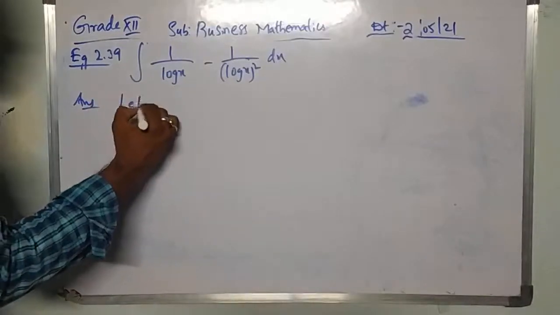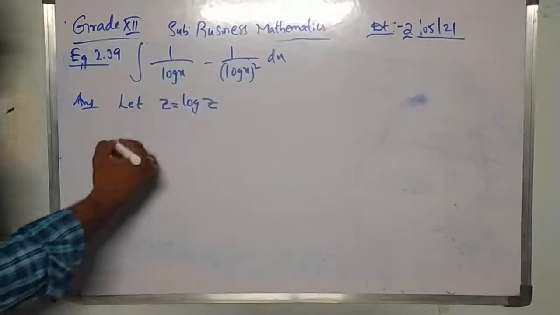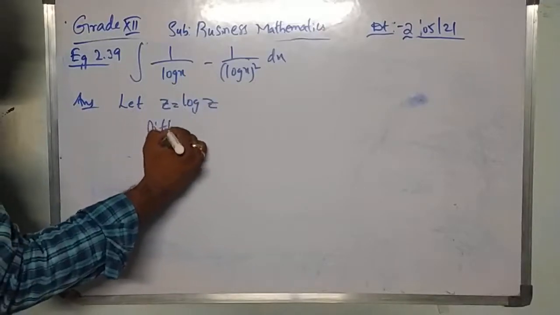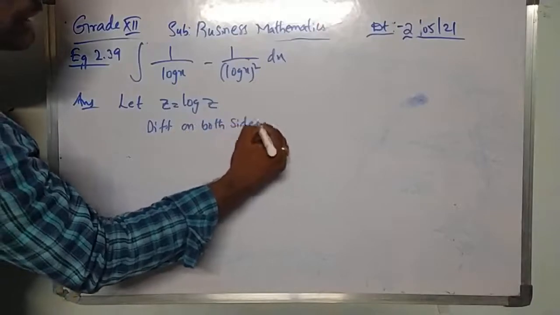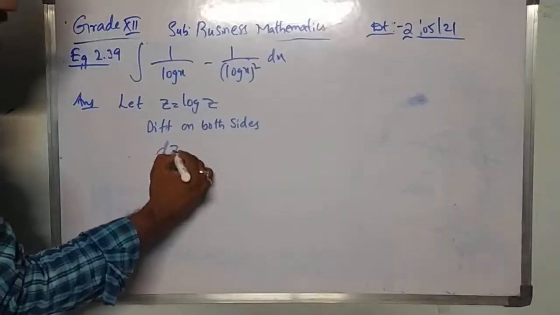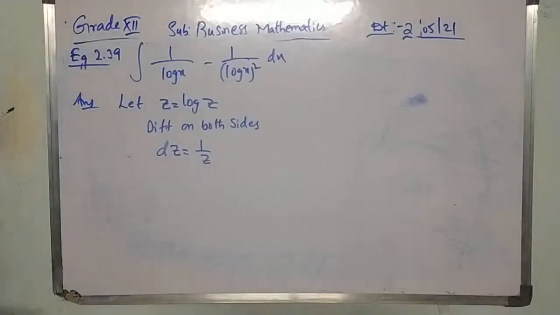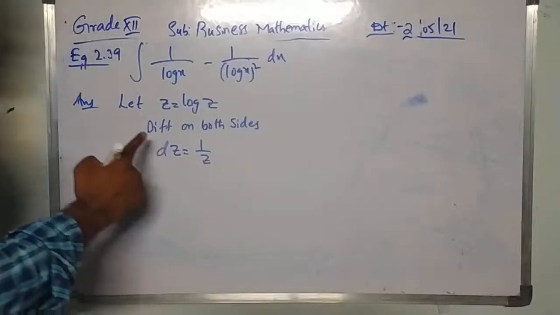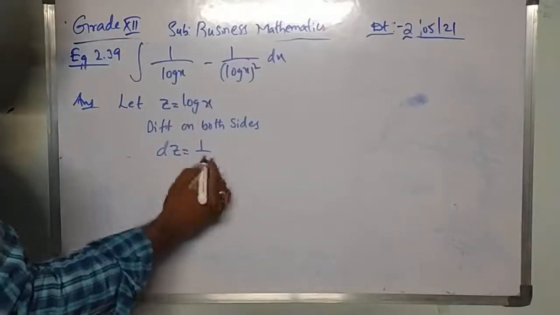Let z is equals to log x. If you are differentiating on both sides, it will become dz is equals to 1 by x dx, since the derivative of log x is 1 by x.